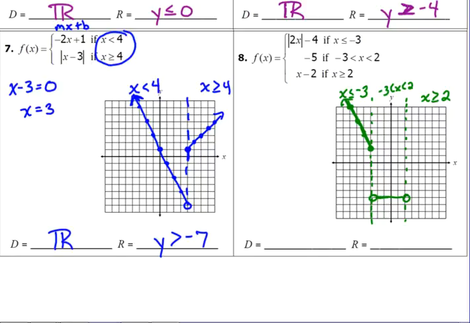And then finally our last piece, we start at 2. X is greater than or equal to 2, so plug in 2. 2 minus 2 is 0. So 2, 0. Plug in 3. 3 minus 2 is 1. Plug in 4. 4 minus 2 is 2. 5 minus 2 is 3. 6 minus 2 is 4. 7 minus 2 is 5. 8 minus 2 is 6.